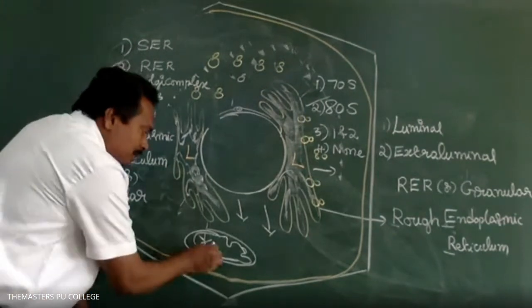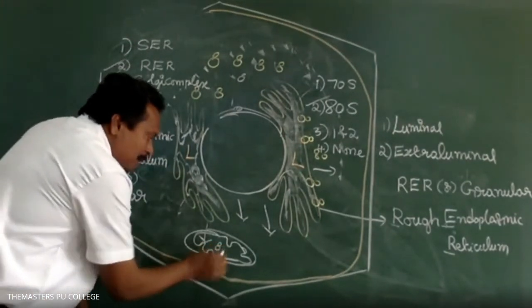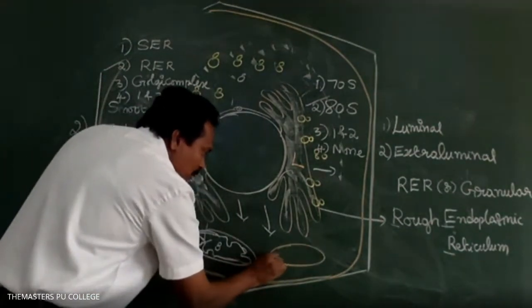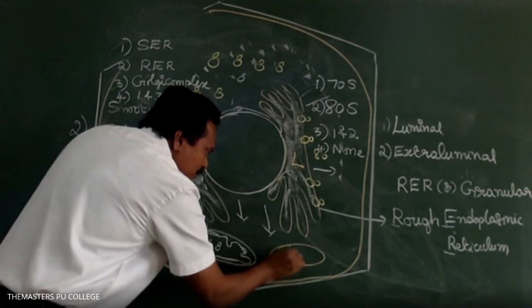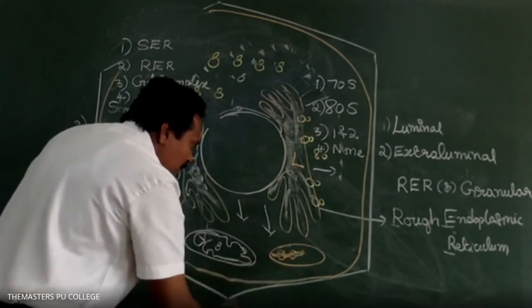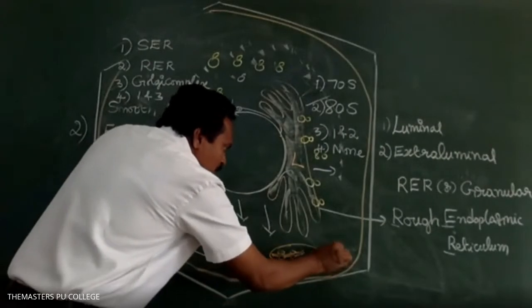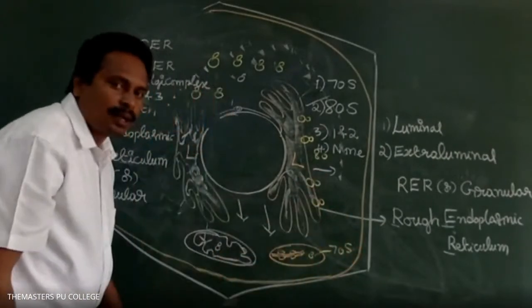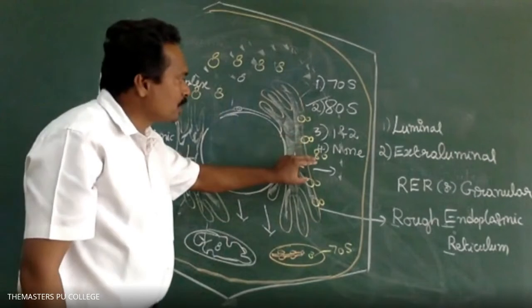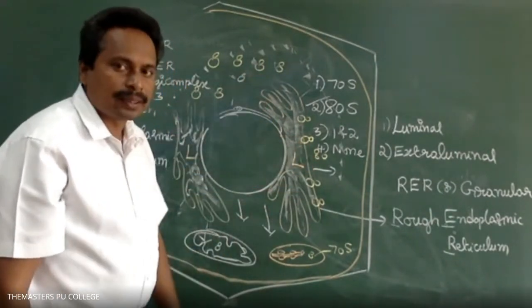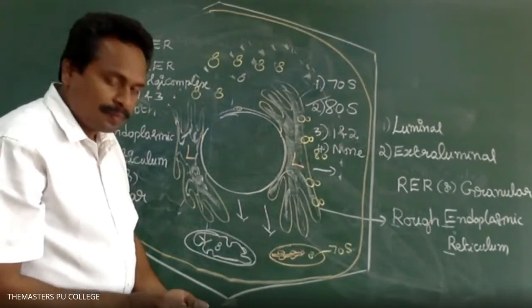The 70S type of ribosomes are present in mitochondria and plastids, the chloroplast cell organelles. Whereas 80S type of ribosomes are present on the surface of the endoplasmic reticulum and some are present freely in cytoplasm.